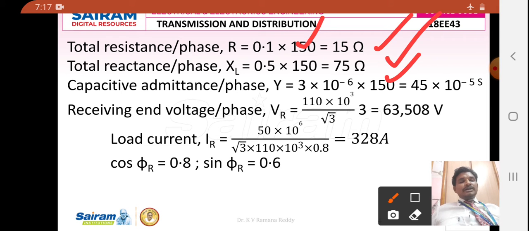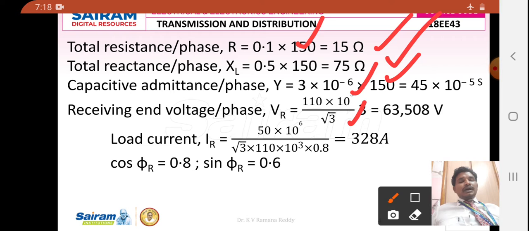Next, the receiving end voltage per phase, VR, is equal to 110 into 10 to the power of 3 divided by root 3, since it is a three-phase system. So it becomes 63,508 volts.